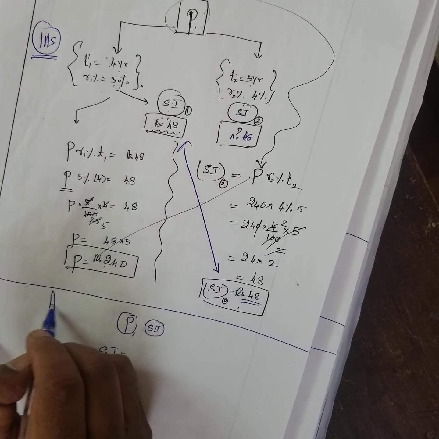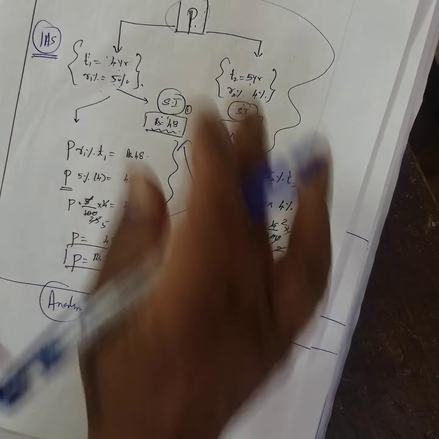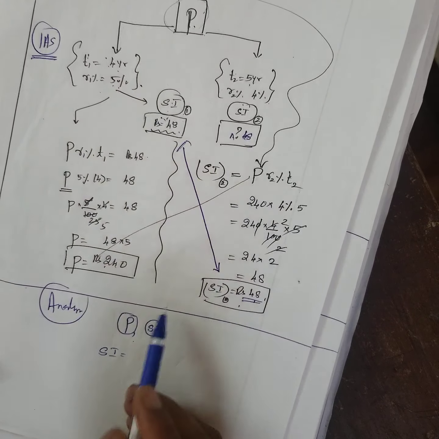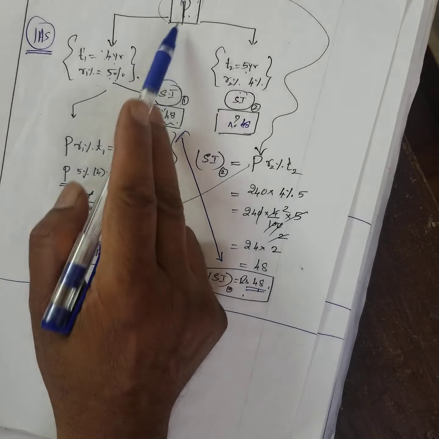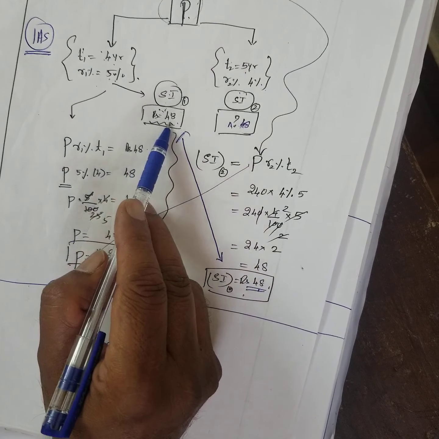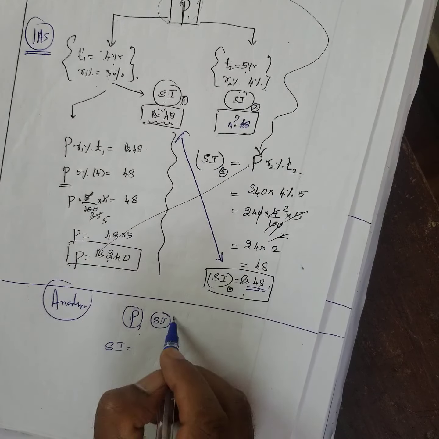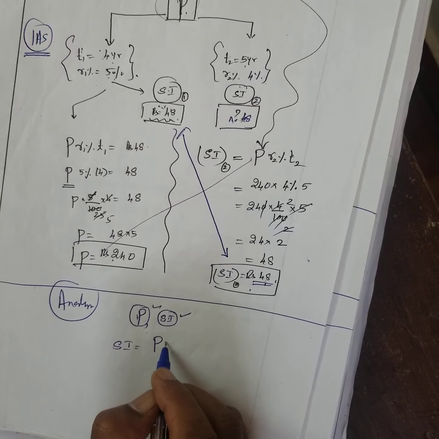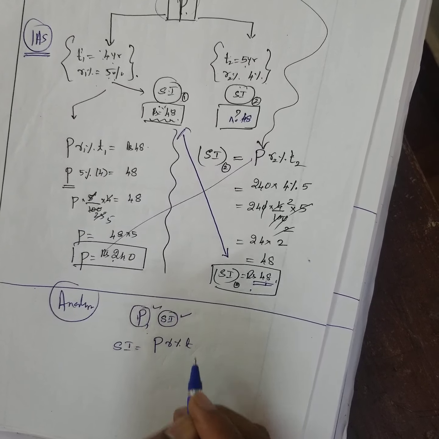Now we'll do some analysis. What do you observe from this sum? P is constant, simple interest also the same: here 48 rupees, here also 48 rupees. What is the formula for simple interest? Principal into rate of interest into time.